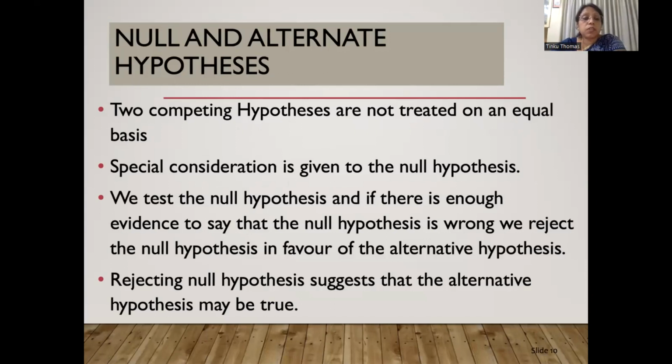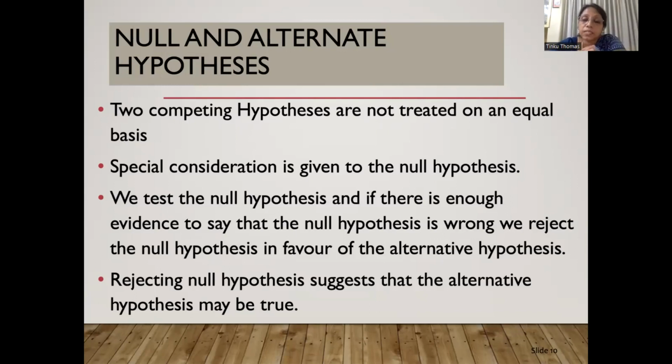Now, we have the null hypothesis, which is the hypothesis of no difference. But we also have an alternate hypothesis, and the two hypotheses are competing. So when the null hypothesis states that there is no difference, the alternate hypothesis states that there is a difference between the groups. But we always test for the null hypothesis. There is a special consideration for the null hypothesis.